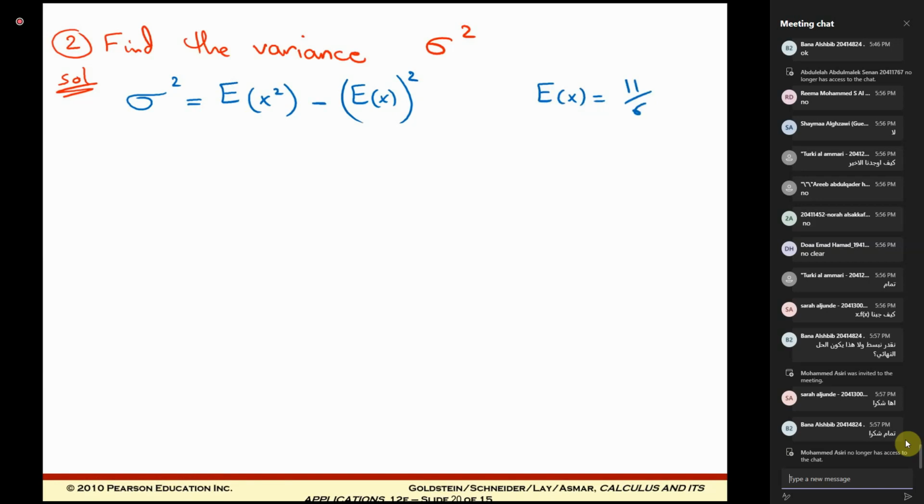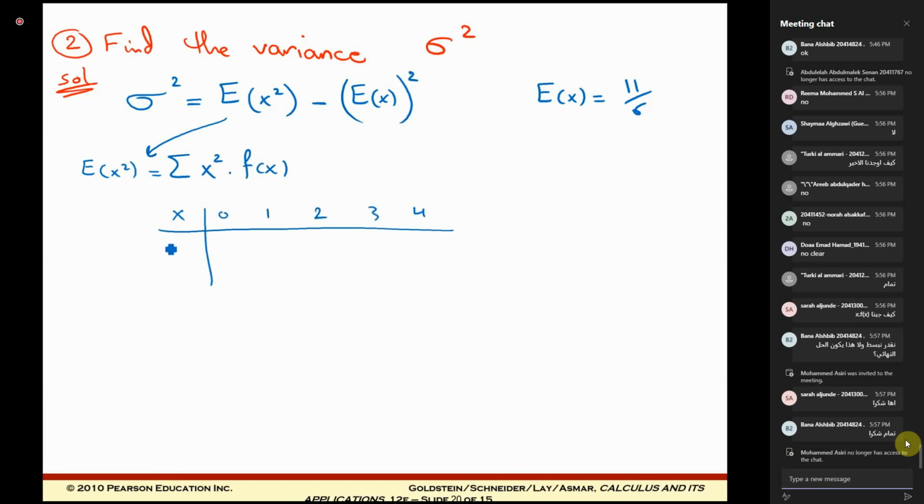Now, how to compute E of X square? This means the summation x square multiplied by f of x. Now we have x equal 0, 1, 2, 3, and 4, and f of x equal 3 over 12, 1 over 12 as in the previous example, 5 over 12, 1 over 12, and 2 over 12.